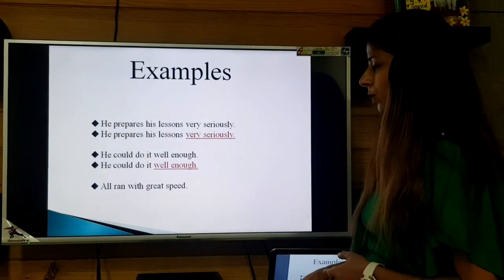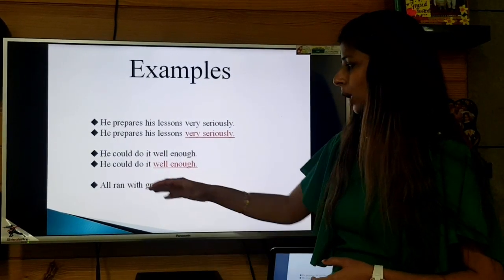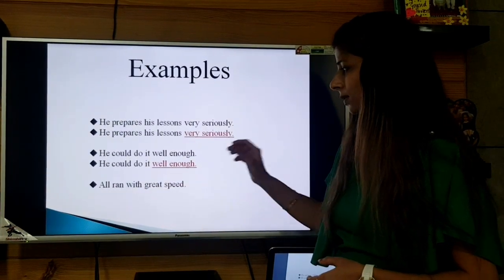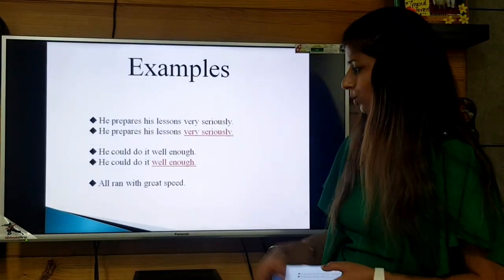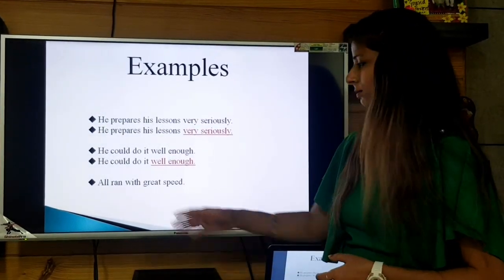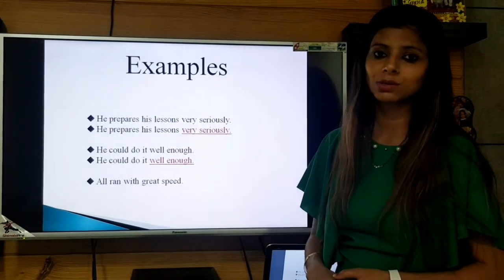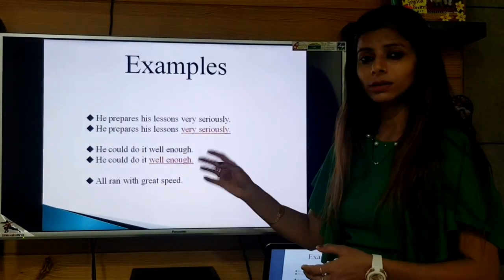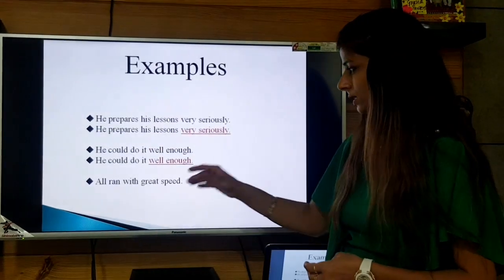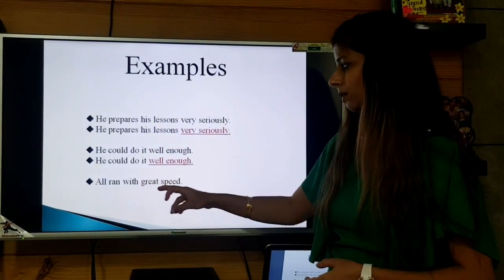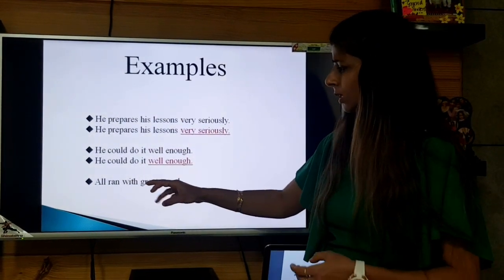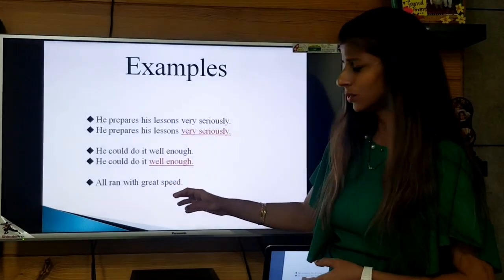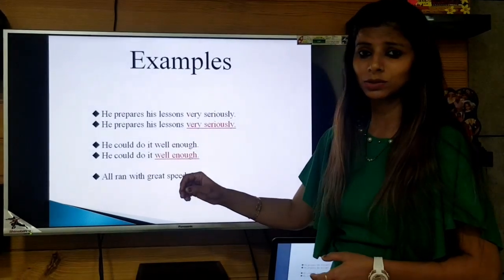So now let's move on to the next one, that is, all ran with great speed. Which action is going on here? Definitely running is going on, or running is done in this sentence. So are you able to find some words which are talking about this action word?